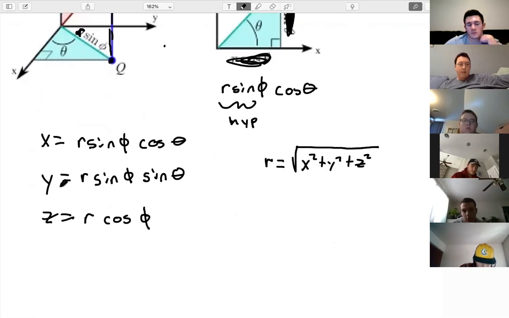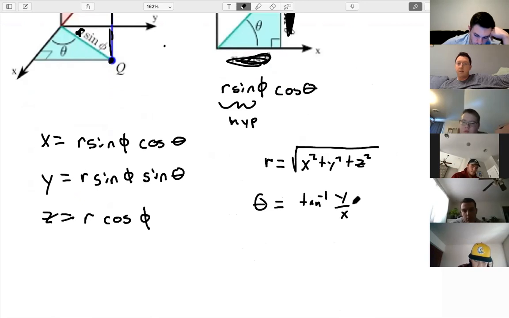If I did y divided by x, these would cancel. So I could say that theta is tan inverse of y over x. Because if I do y over x, the r and sine phi parts divide away and I'm left with tangent theta.